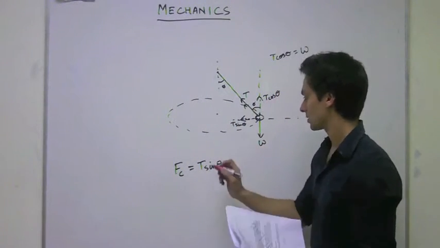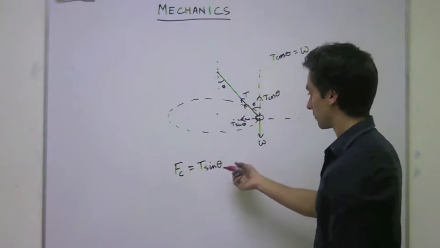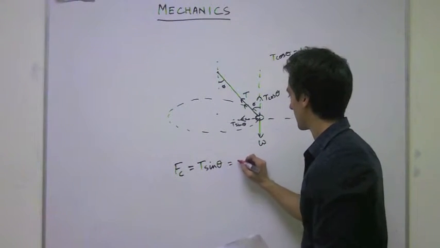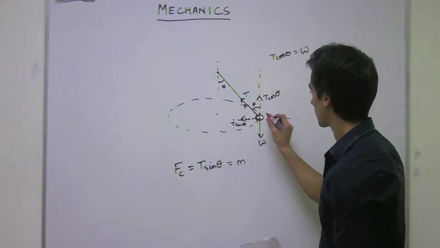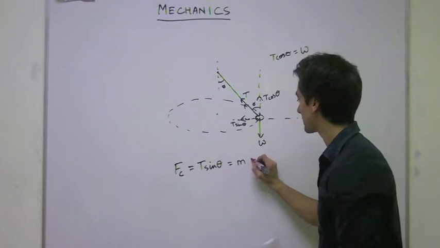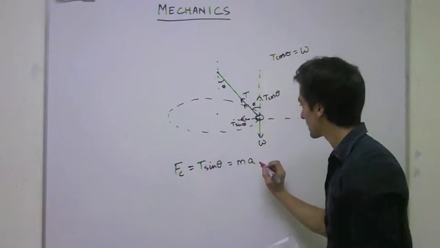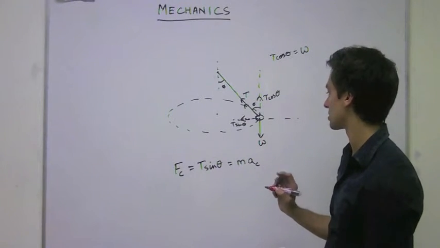Also, the force from Newton's second law we know is the mass of the stone multiplied by its acceleration. In this case, it's called the centripetal acceleration.